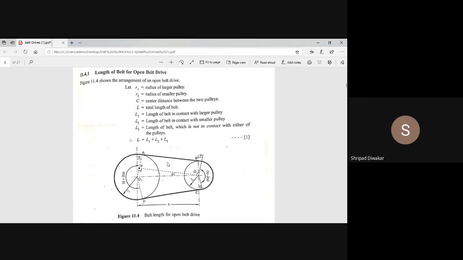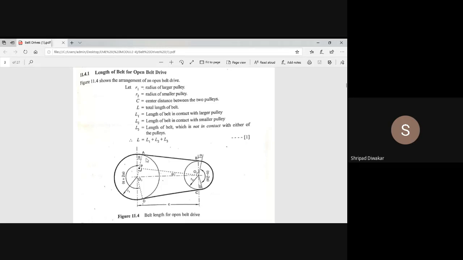L2 is the length of contact with the driven pulley. And L3 is the summation of AB and CD, the length not in contact with either of the two pulleys. So totally, L equals L1 plus L2 plus L3.